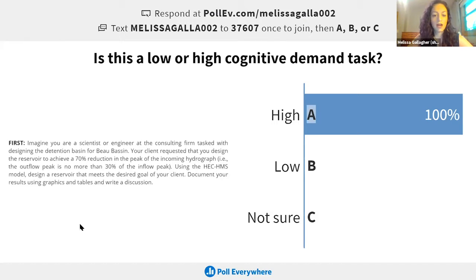All right, I'm seeing a lot of high. So would anyone like to volunteer why they classified this as a high cognitive demand task?